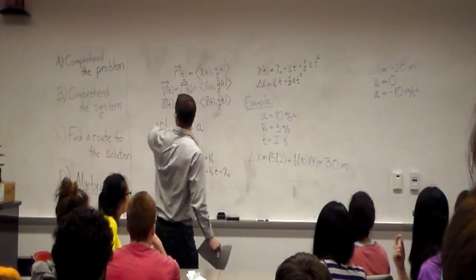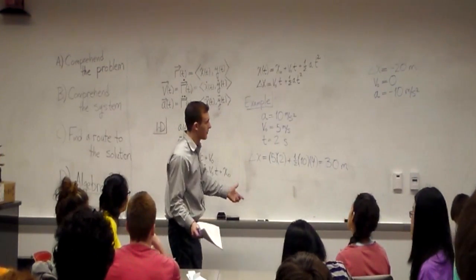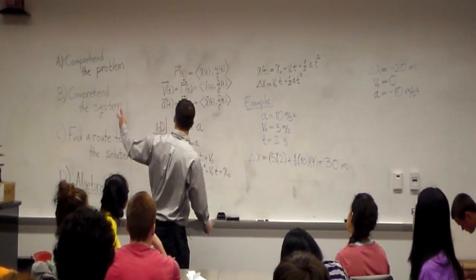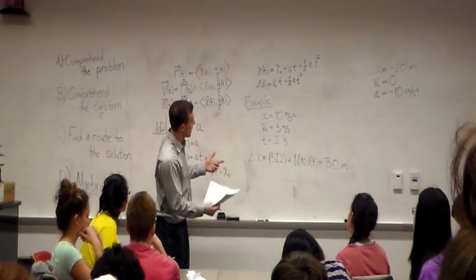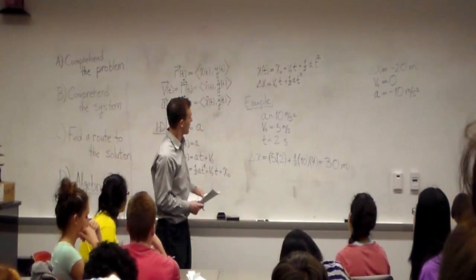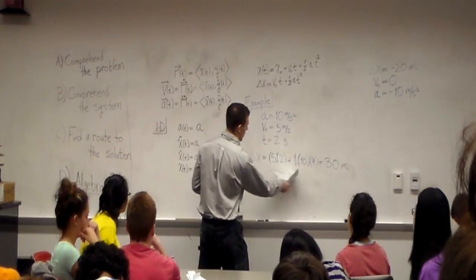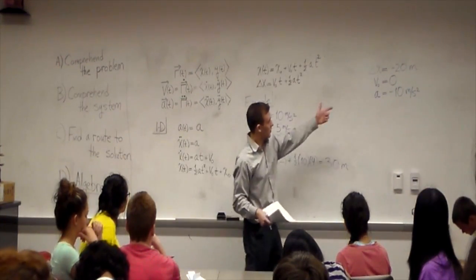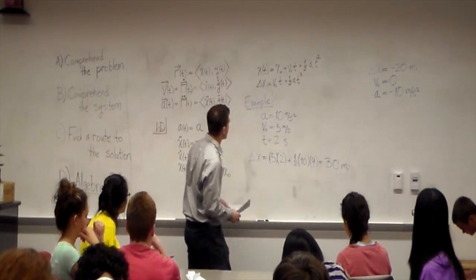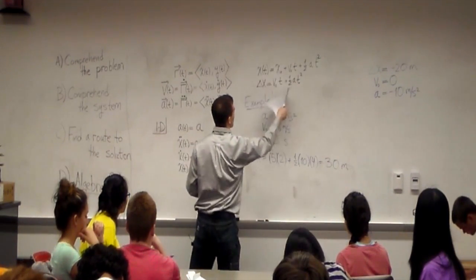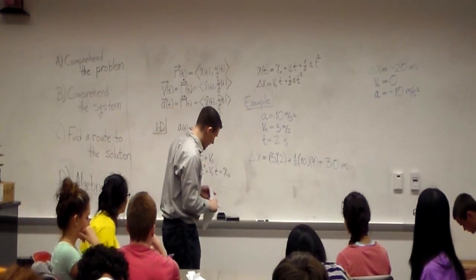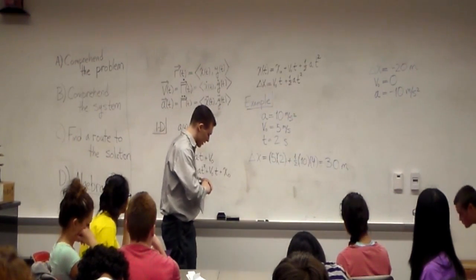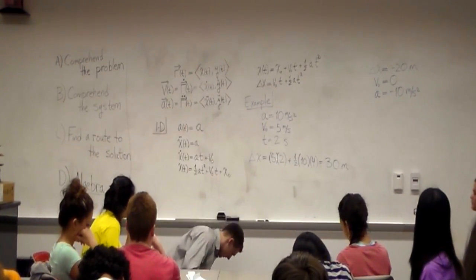So now, again, comprehend the problem. Same system, same equations that govern it, but now we have a different variable that we're looking for. We know how to solve for delta x, we just plug it in. But now we have to solve for t. So we have to think that everything in here is known except for t. It may be useful for those of you who find it difficult to manipulate variables.